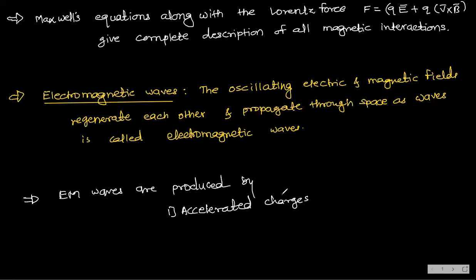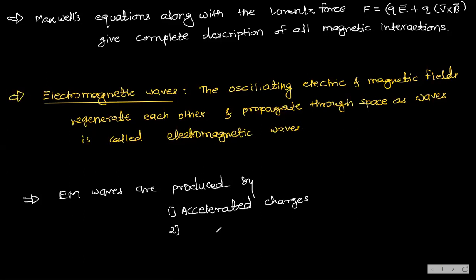In the starting of the electrostatic chapter, I told you the charge which is at rest gives electric field. Charge in motion gives magnetic field. But if a charge is accelerated, then it will give electric field, magnetic field, as well as radiate some amount of energy. Understand? And that is the electromagnetic wave. So the first one is accelerated charge.